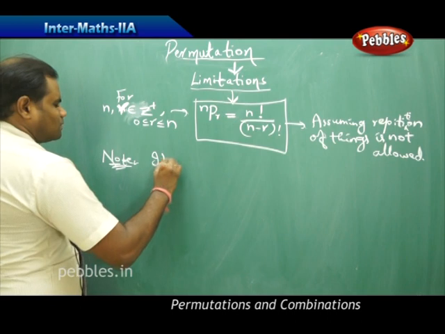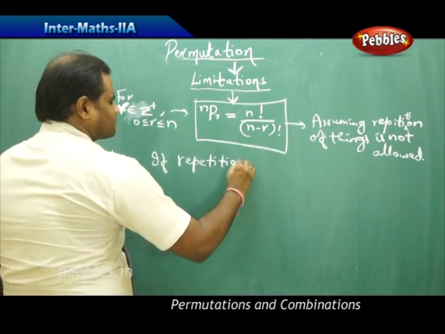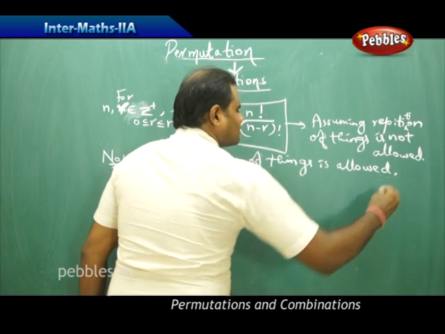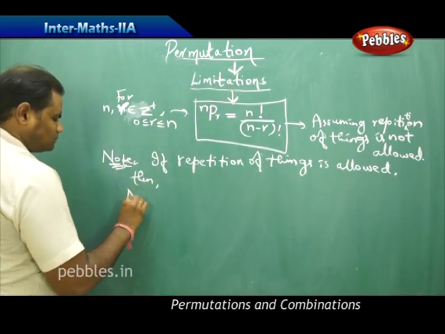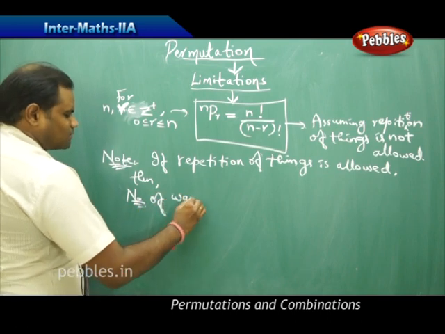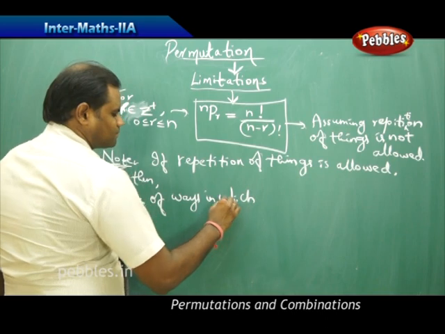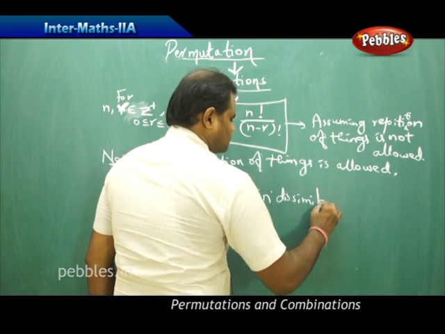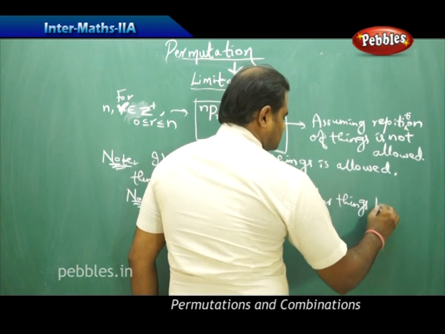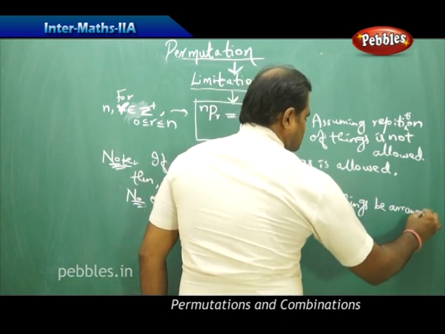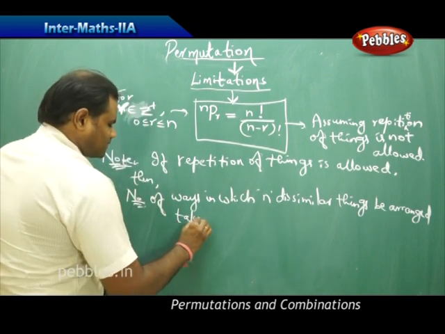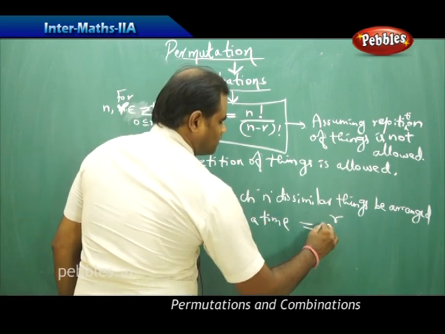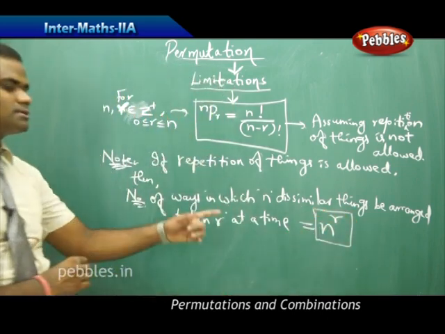Note here, if repetition of things is allowed, then the number of ways in which n dissimilar things can be arranged taken r at a time is given by n power r, that is n multiplied r times.